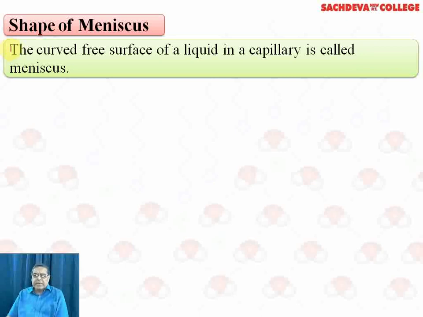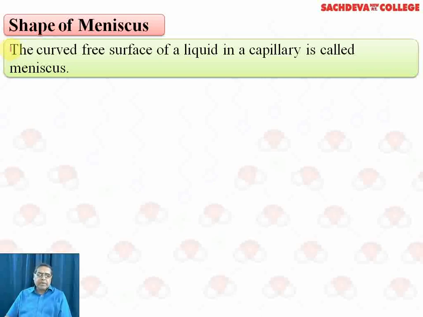In order to understand this capillary action, one must be aware that for a capillary, if the diameter of the tube is more, the atmospheric pressure, that is P is equal to hdg, acting on the surface will be more. So if the diameter is more, then the liquid rise in the capillary will be less. Therefore, when we speak of a capillary, it is a fine bore tube having very, very small radius.